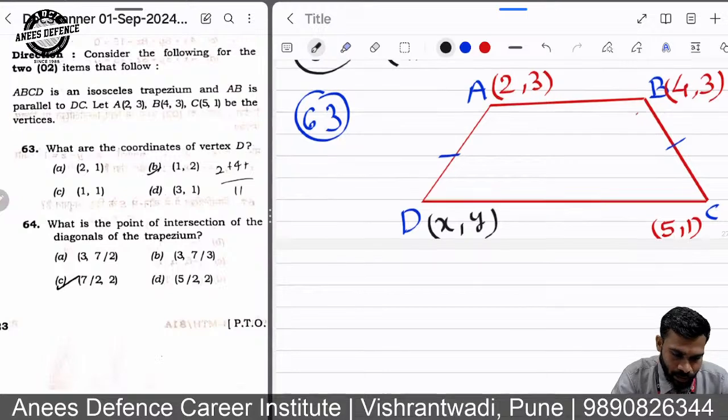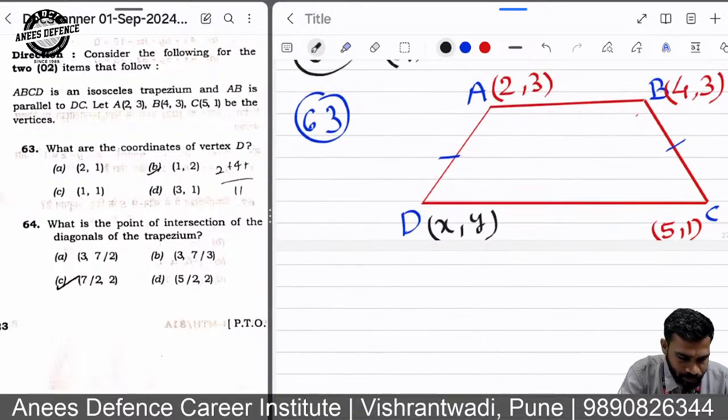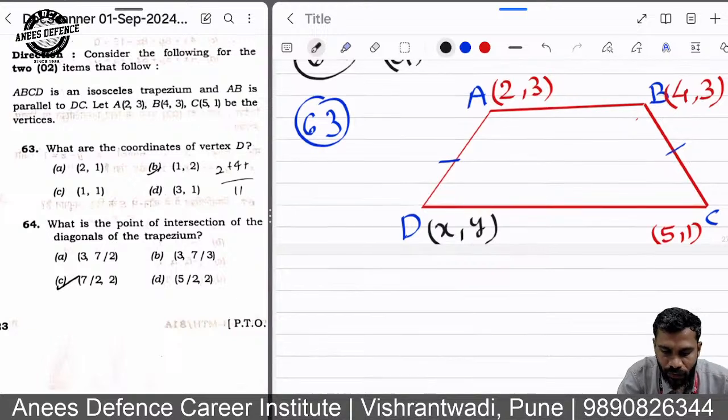Now, we need to find out the coordinates of D. ABCD is an isosceles trapezium. AB is parallel to DC. The coordinates of A, B, C are given, right? So we can use the distance formula, right?